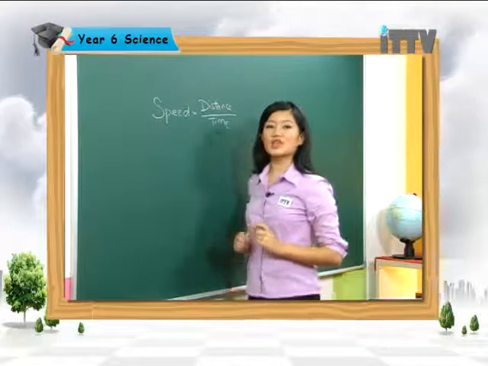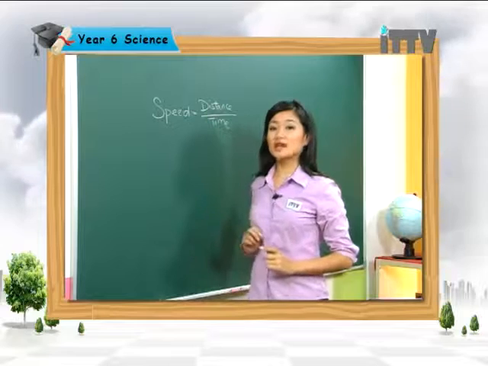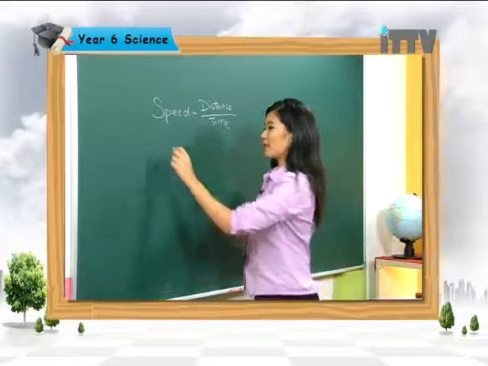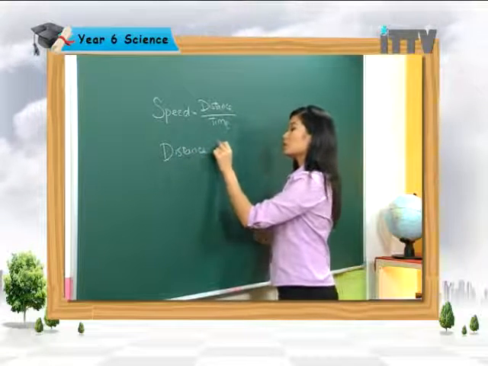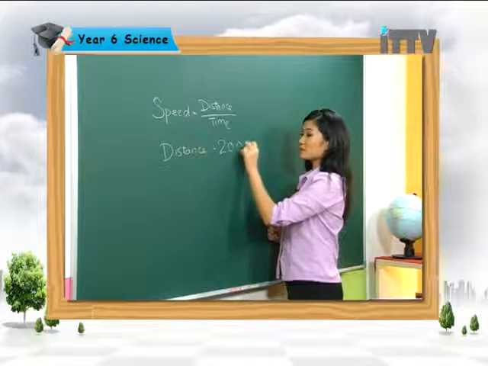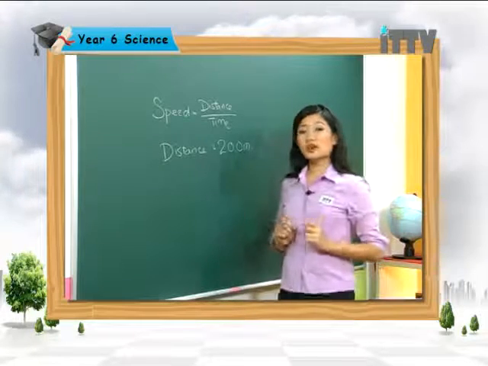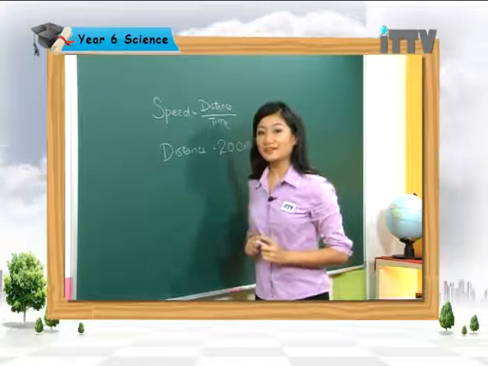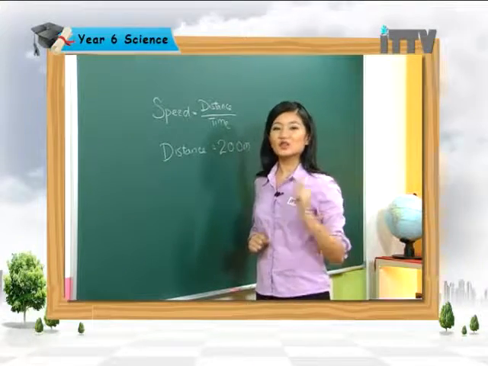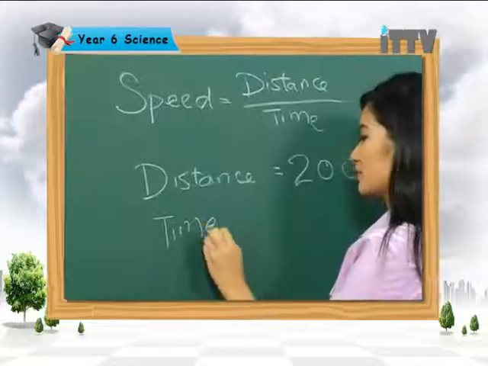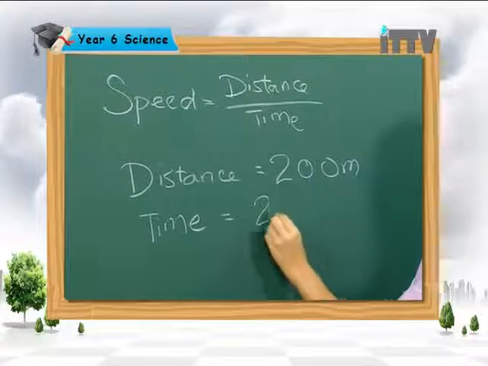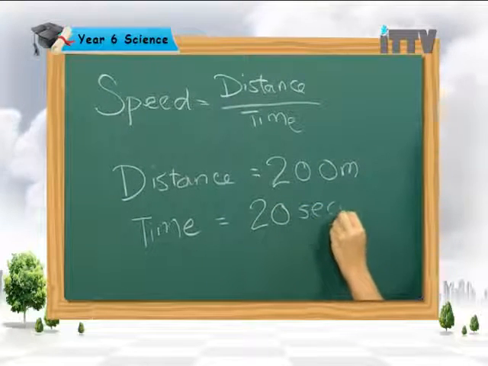The question says Susie runs 200 meters. So what is the distance? Distance is 200 meters. She runs 200 meters in how many seconds? Yes, 20 seconds. So the time is 20 seconds.